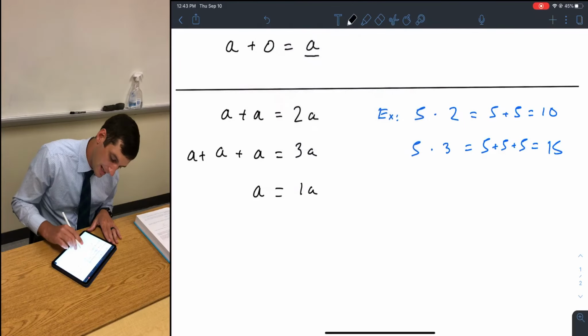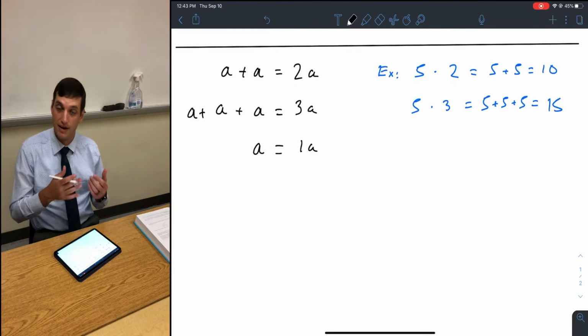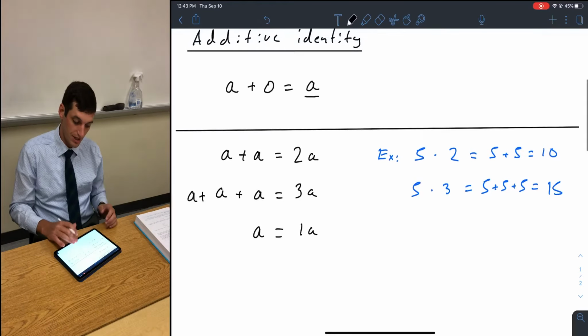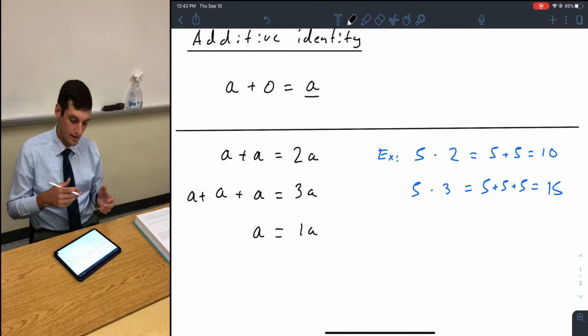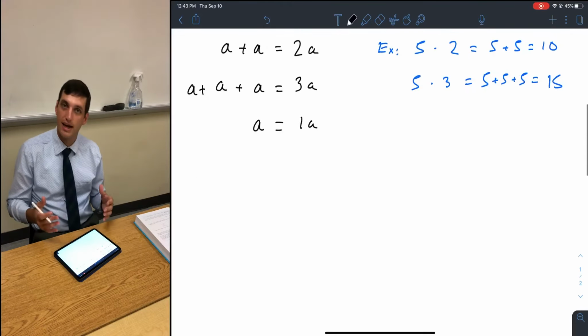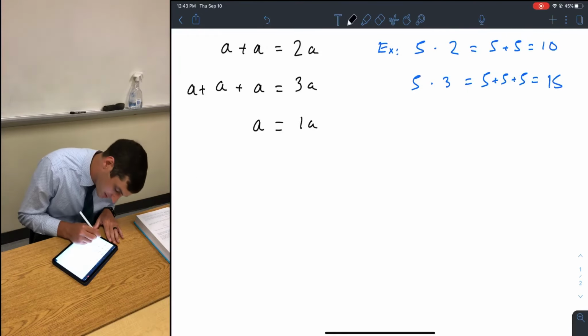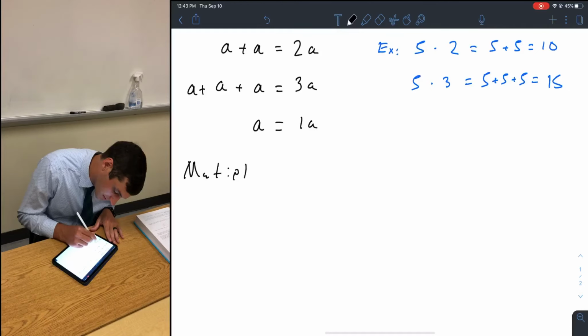So we have the additive identity, meaning that if I add this number, 0 being the additive identity, if I add 0 to A, I get A. From here, let's look at what the multiplicative identity would be.